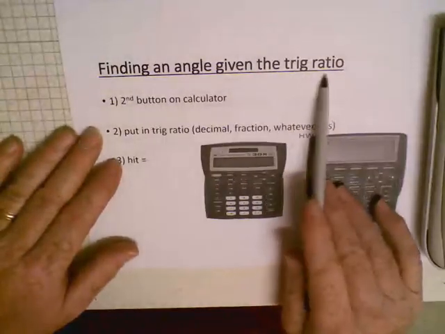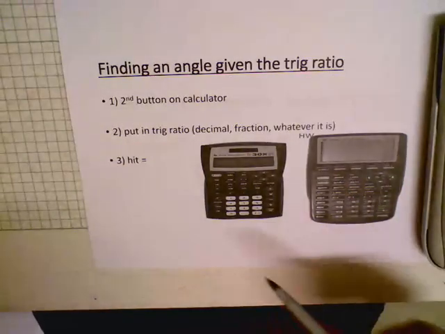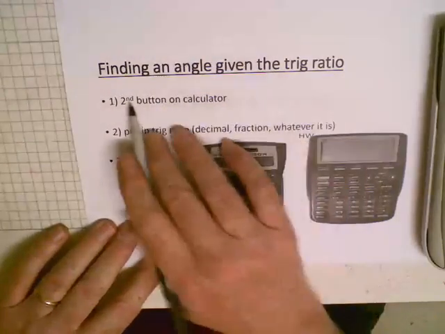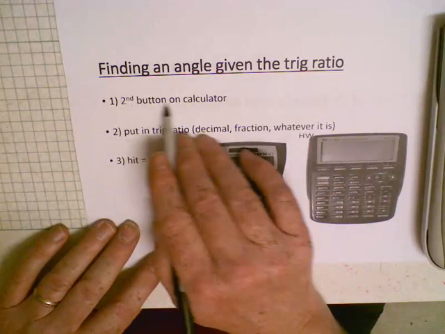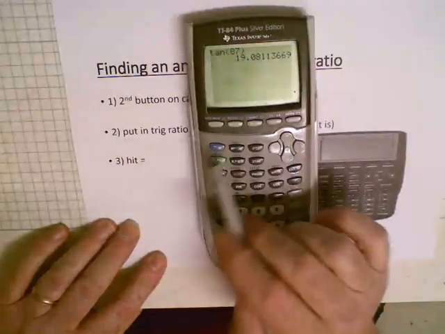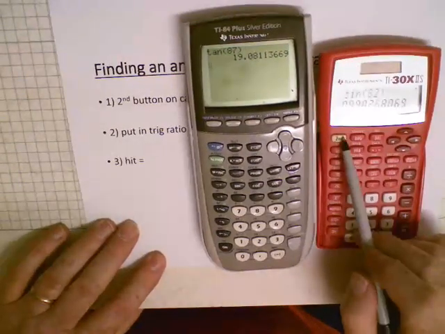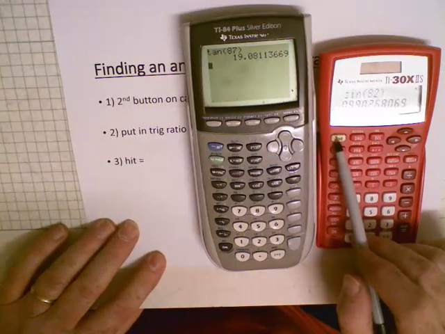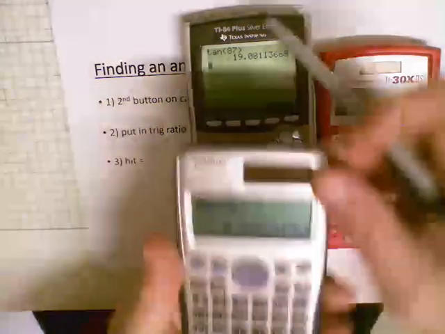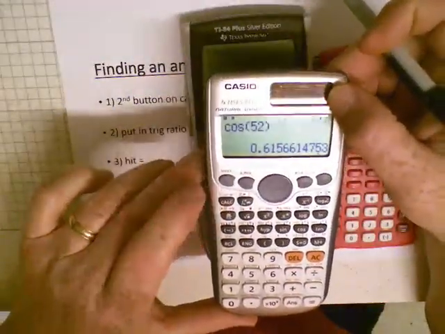If you're actually finding the angle given the trig ratio, this is a little different. On your calculator, whichever one you have, you're going to do these 3 steps. You're going to hit the second button, which on my calculator is the blue button right here. If you have the red calculator, then it's this or yellow button or whatever color it happens to be. On most all calculators, it's right there in the corner. On the Casio, it's the shift button. It's not the second button, it's shift.